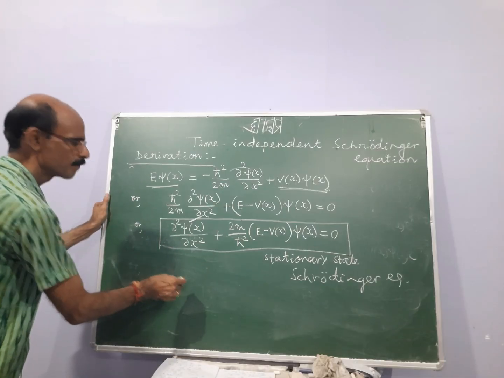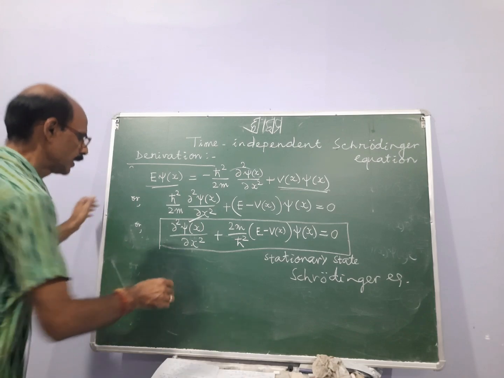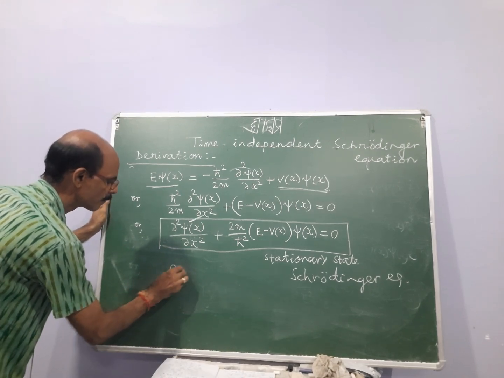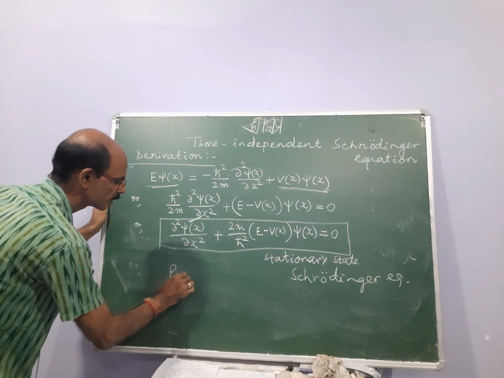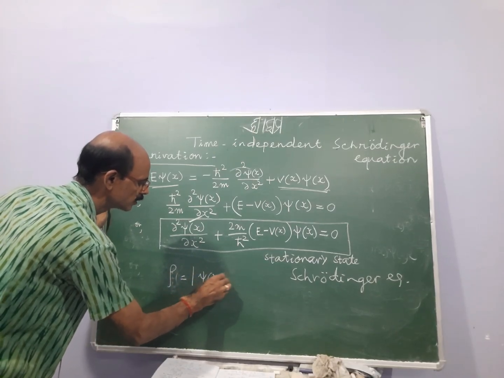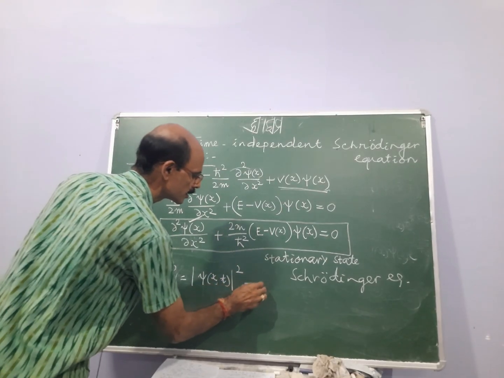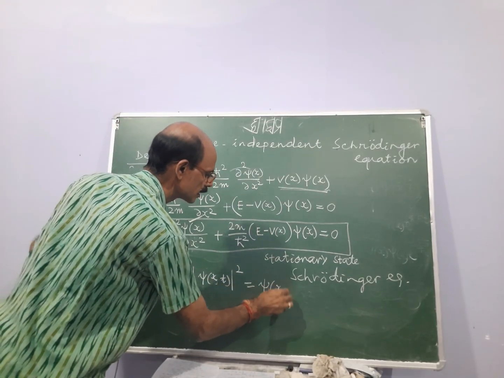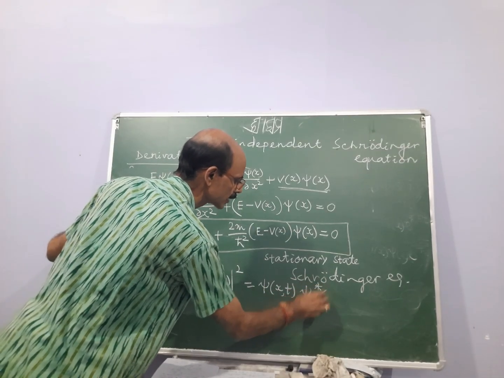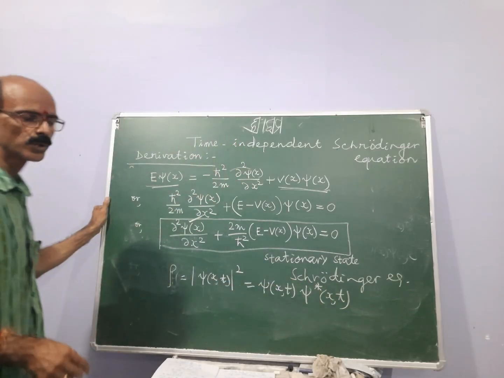Because here the probability density, what is probability density? Rho is equal to mod psi x t square, and this is nothing but psi x t into psi star x t, psi and its complex conjugate.